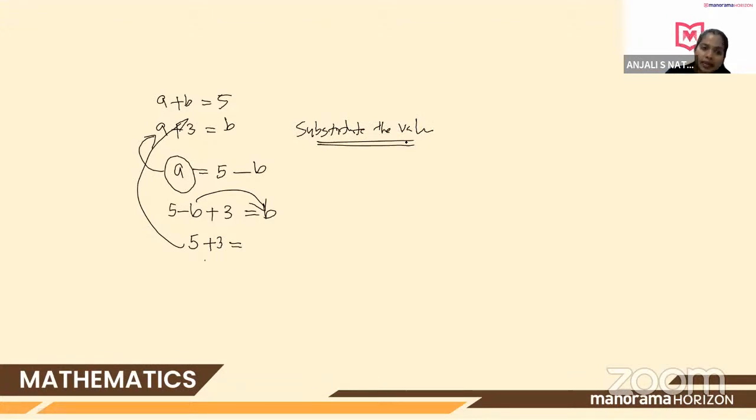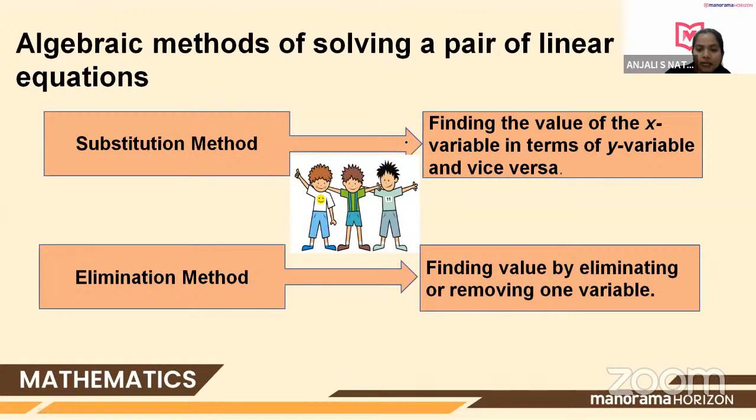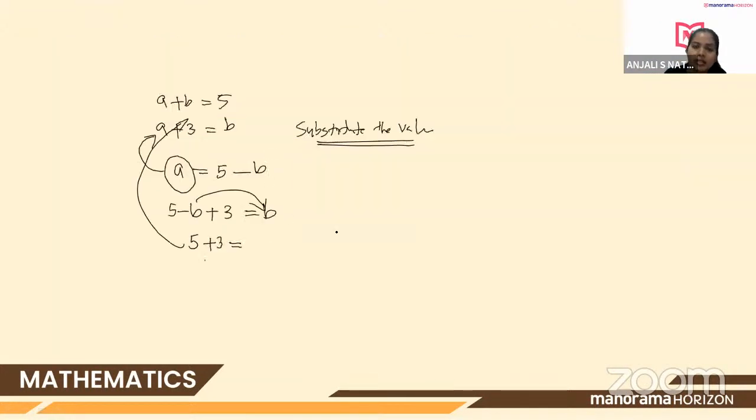And next is elimination method. Elimination method is finding the value by eliminating or removing one variable. That is, if we have the equations a plus b is equal to 5 and a minus b is equal to minus 3 or something. Okay, then we have to eliminate one variable from these two equations.